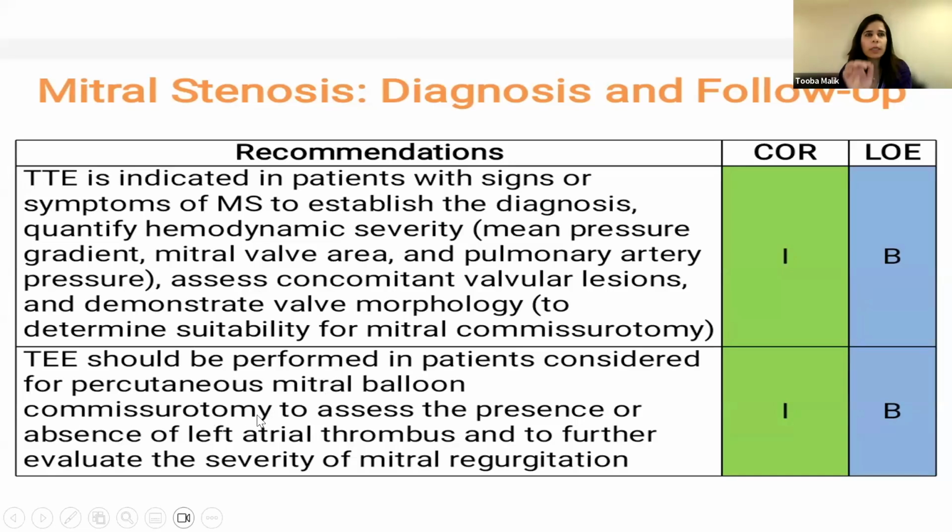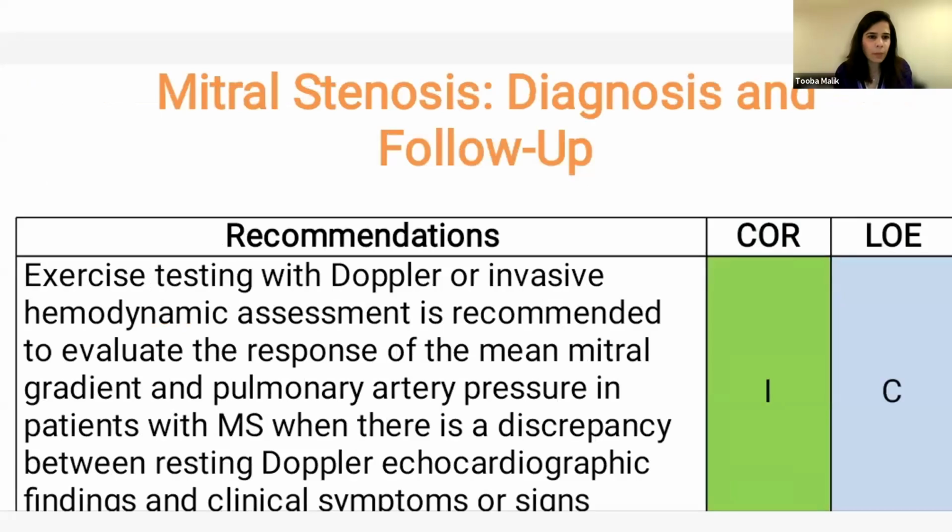So any patient you are considering to have a percutaneous mitral commissurotomy or PTMC should have a transesophageal echocardiogram. That's class 1B indication. We don't only rely on a thoracic echocardiogram. Again, exercise testing with Doppler invasive hemodynamic assessment is also a class 1 indication.